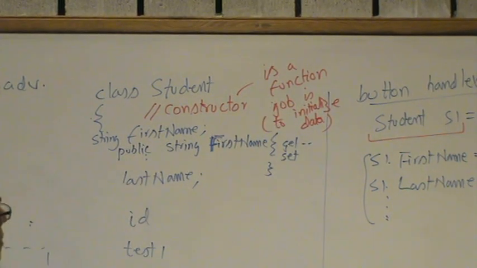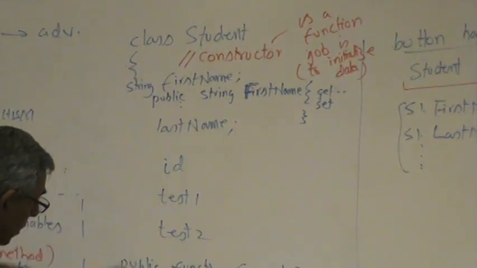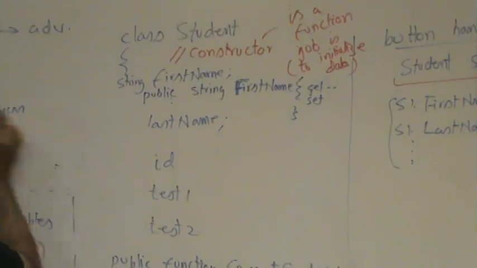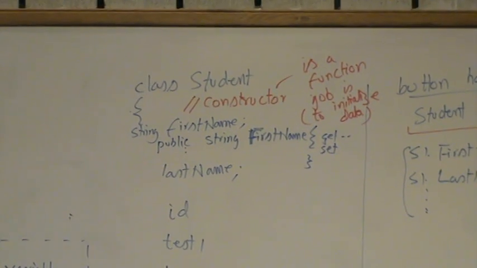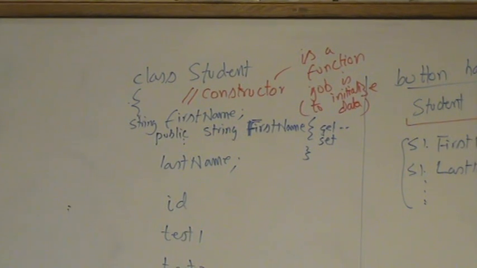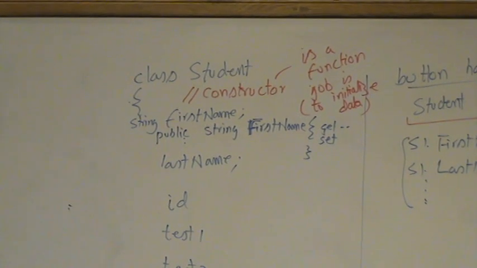Okay, so somewhere inside of our class, somewhere at the top or before we end the class, we can now add a constructor over here. So what does the constructor look like?